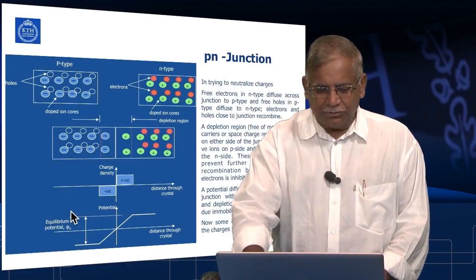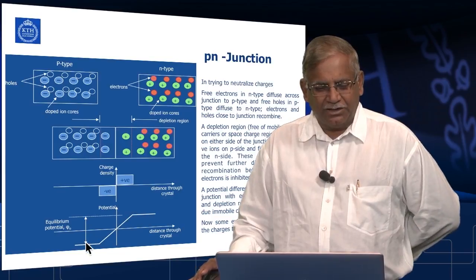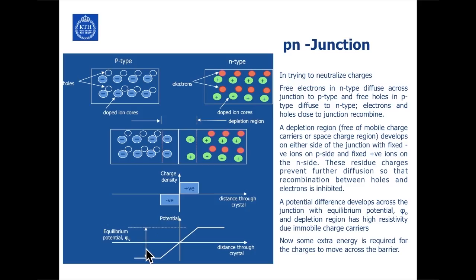And that potential which is set up is shown at the bottom of this figure here. When both of them come into equilibrium, it is called the equilibrium potential. Pictorially, what I just said is shown here. These are, for example, p-type material. These are the holes sitting here, and these are the doped ion cores, boron and phosphorus depending upon what people use.